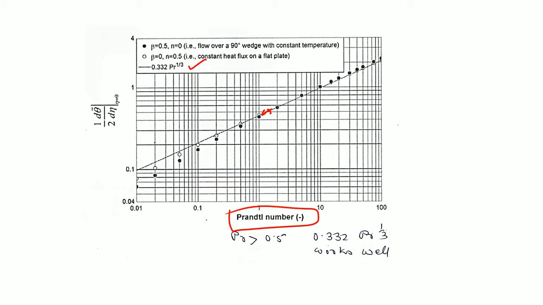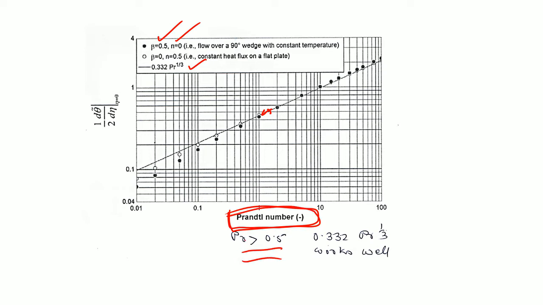So, as you can see in this particular configuration, once again you have beta equal to 0.5 and n equal to 0, beta equal to 0, n equal to 0.5. Do not be bothered about the constant heat flux and the constant boundary profile, it is not the point over here, but you can see that this is plotted with respect to your Prandtl number.